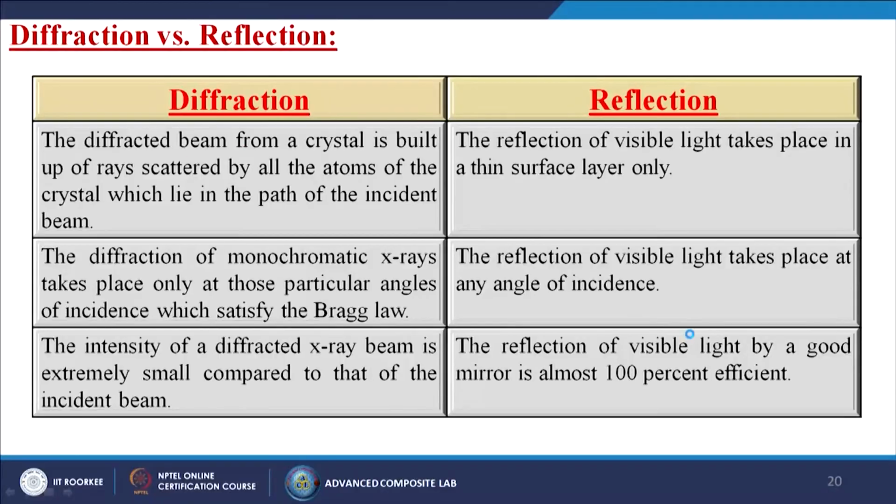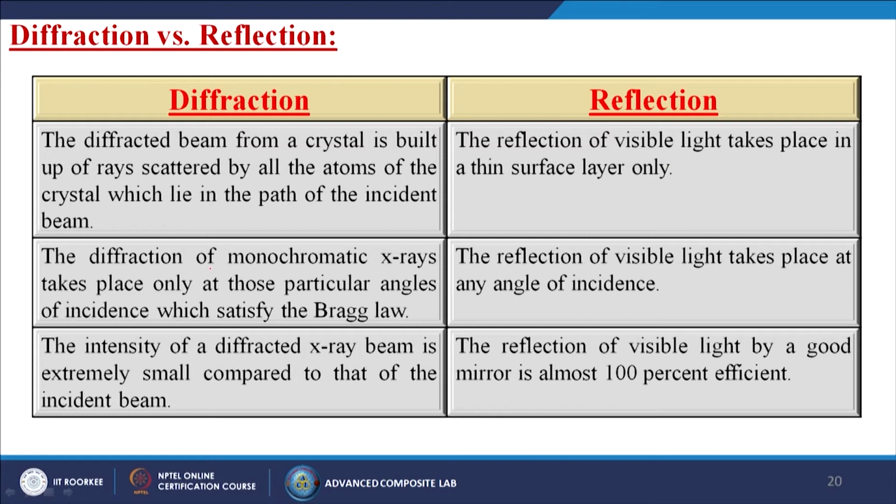Now, we are going to discuss the difference between diffraction and reflection. Diffraction means the diffracted beam from a crystal is built up of rays scattered by all the atoms of the crystal which lie in the path of the incident beam, whereas reflection of visible light takes place in a thin surface layer only.